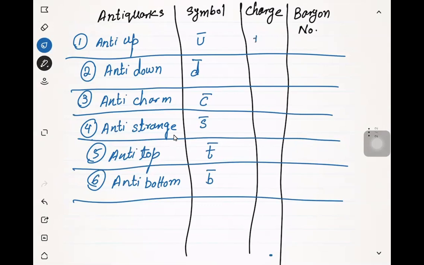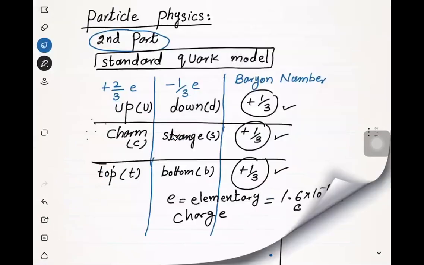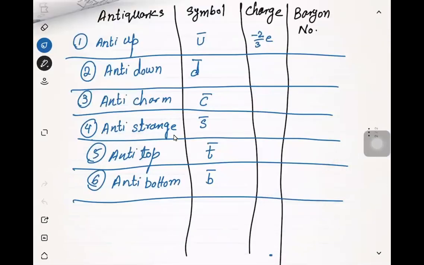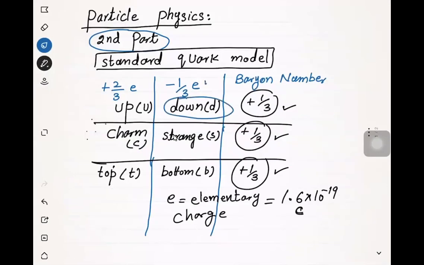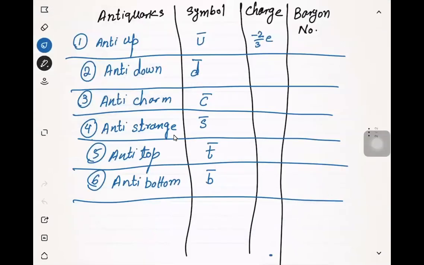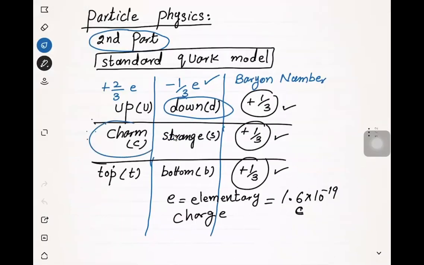Charges are as follows. Anti up: up was plus 2 by 3, so it would be minus 2 by 3. Down has a charge of minus 1 by 3, so anti down will have a charge of plus 1 by 3 because it is the antiquark. Anti charm will have a charge of minus 2 by 3e, as charm has a charge of 2 by 3.